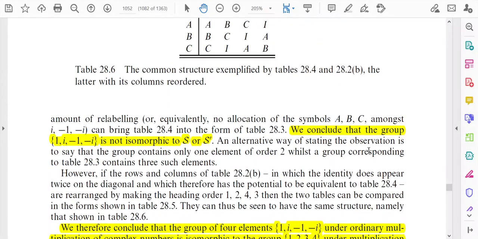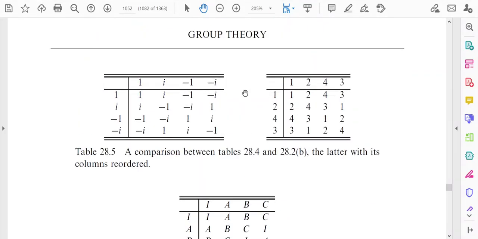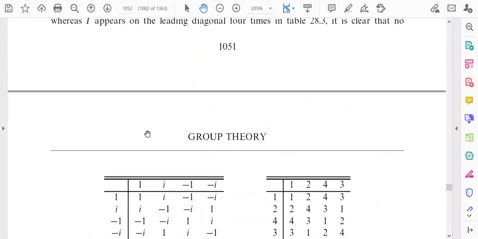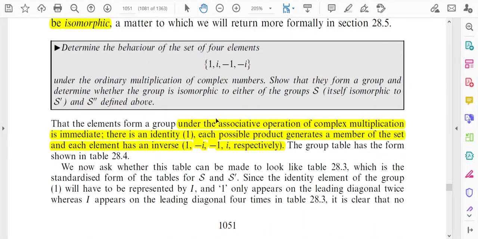The point is that although we can rearrange the elements, we cannot increase the number of identity elements in the leading diagonal. So it can be clearly concluded that the group multiplication table of this particular set is not isomorphic to S or S prime, but it has some similarity with S double prime that we will discuss now.